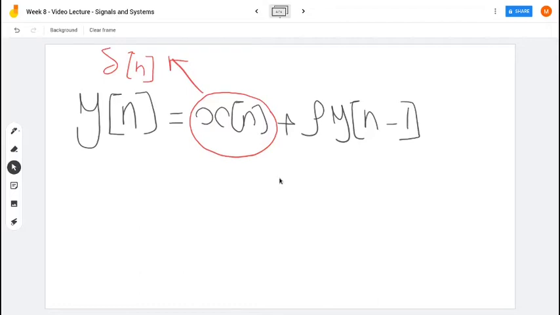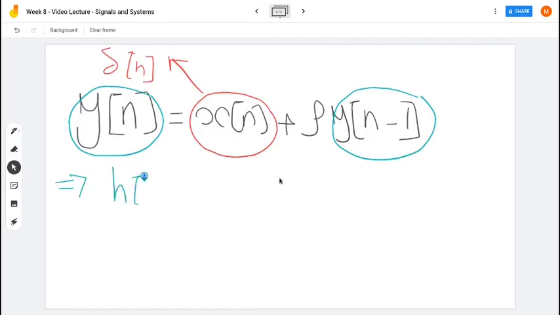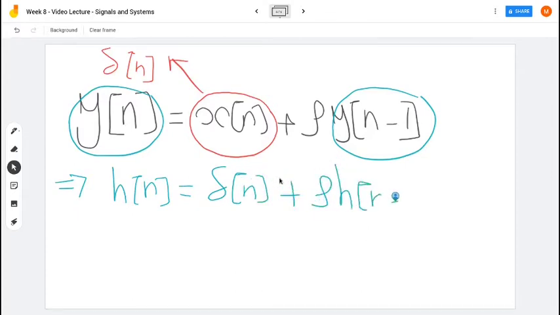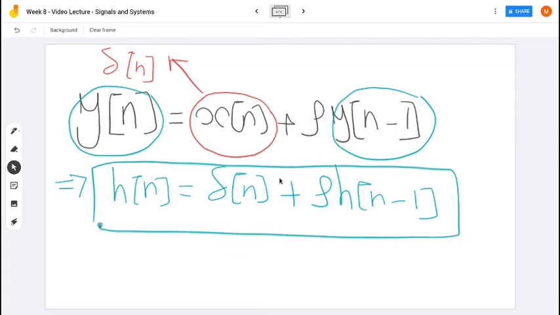And in this case, y of n will be replaced by h of n, and y of n minus 1 will be h of n minus 1, which is simply h of n equal to delta of n plus rho times h of n minus 1. And using this relation, we can find the impulse response as follows.